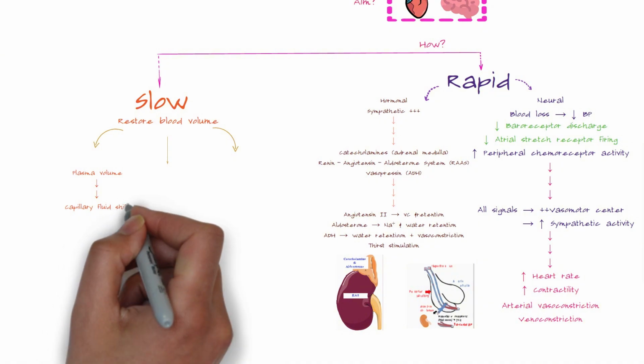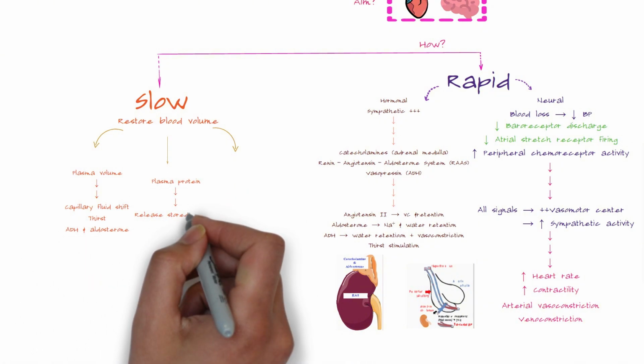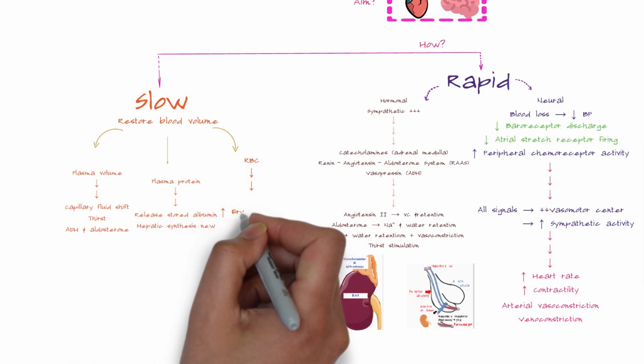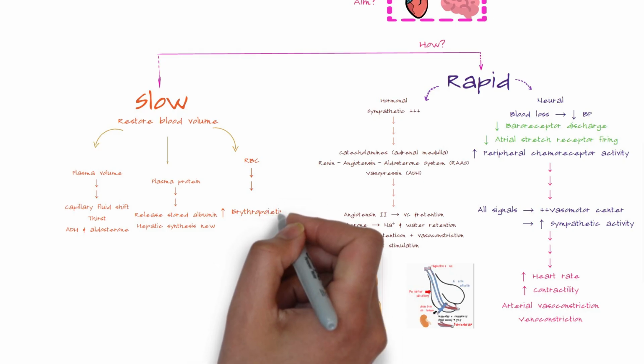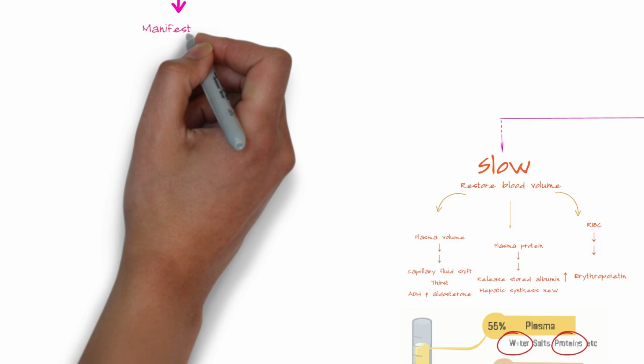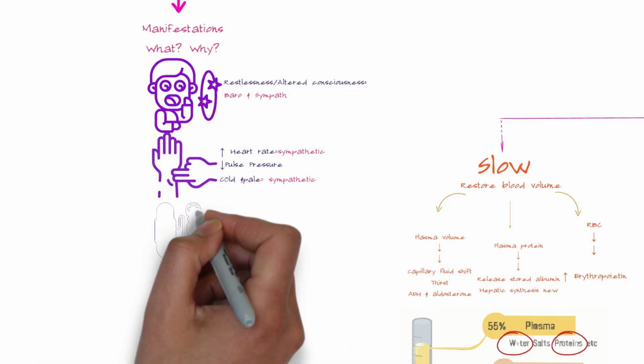Regarding the manifestations, we connected the physiology to the clinical side. We talked about the brain: restlessness, unconsciousness; the heart: rapid and weak pulse; the skin cold and pale; pressure decreased, respiration increased, and urine output decreased.